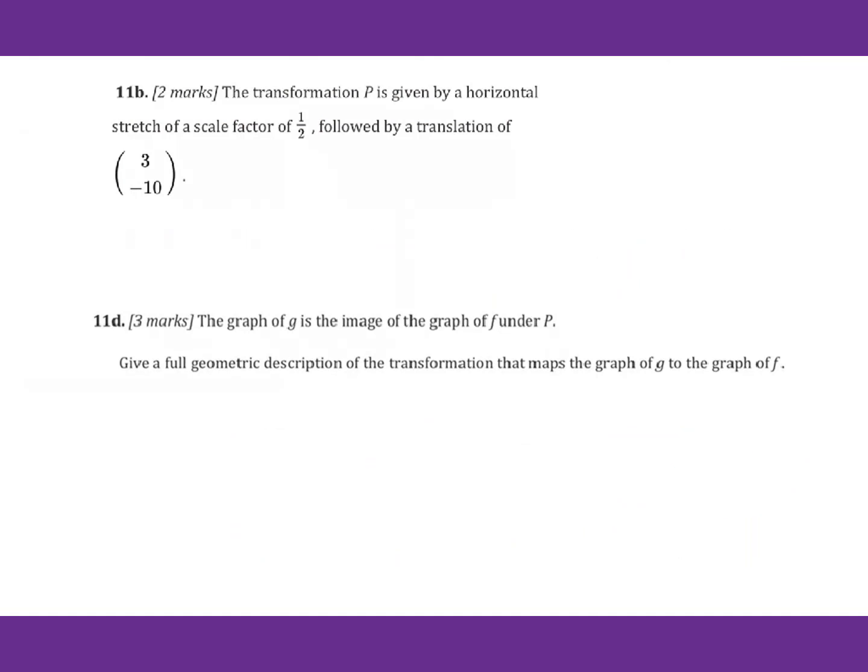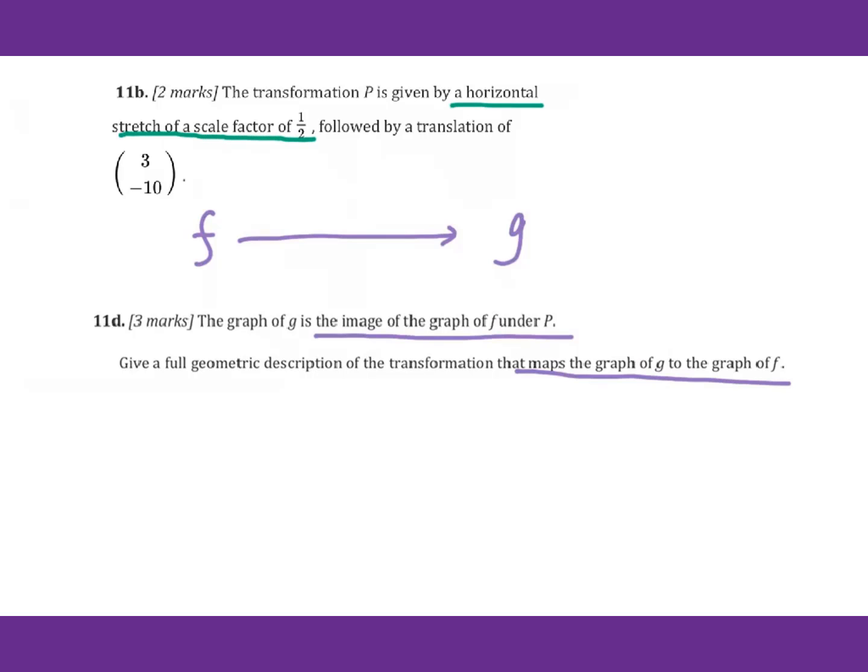Let's go to 11D. The graph of g is the image of the graph of f under P. Give a full geometric description of the transformation that maps the graph of g to the graph of f. From f to g, we did a horizontal stretch of scale factor of 1 over 2, followed by translation of this vector: move to the right 3 and go down 10.